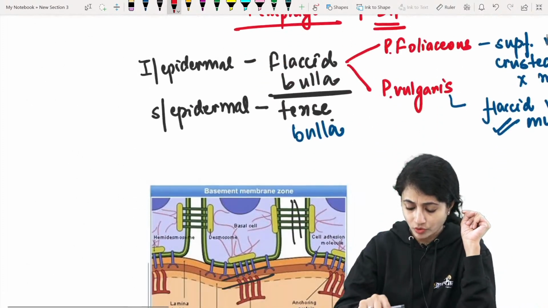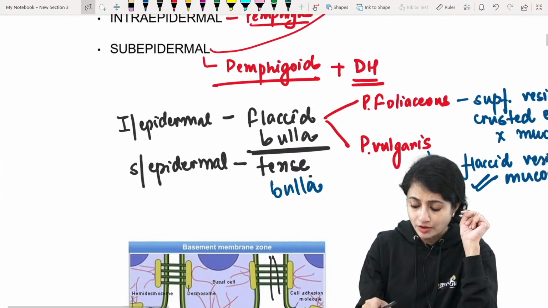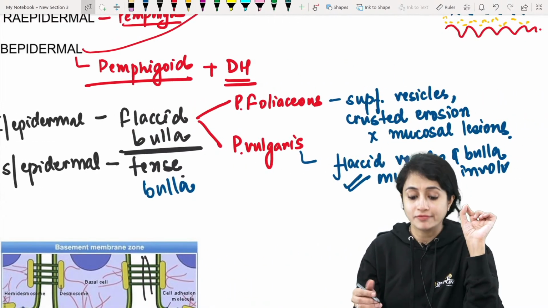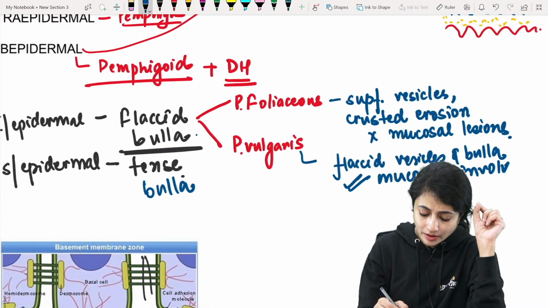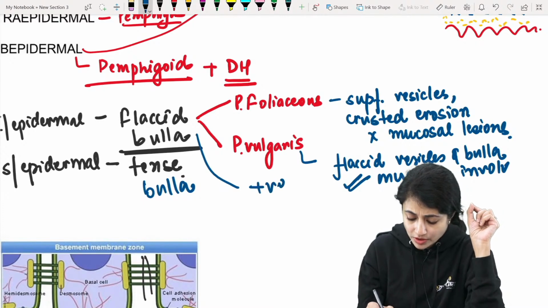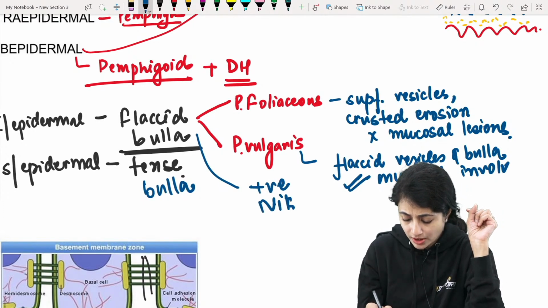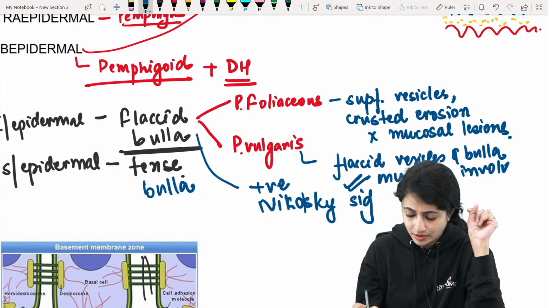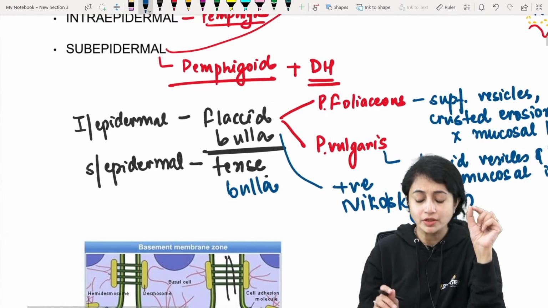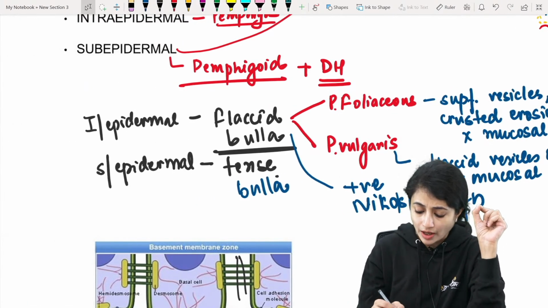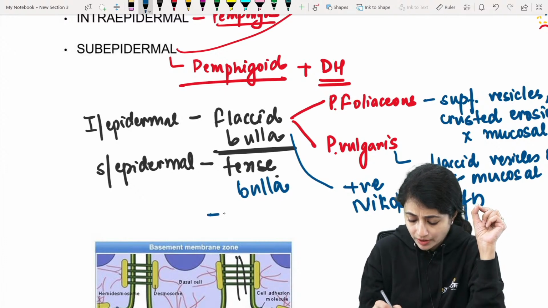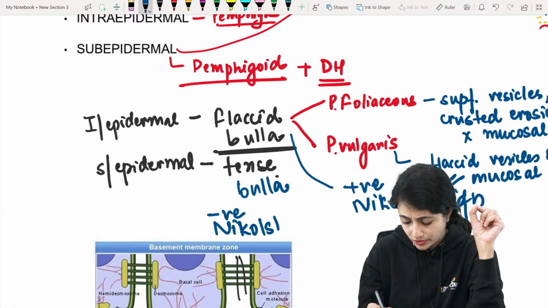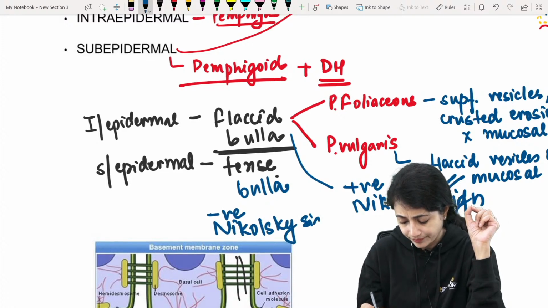So coming back to our differentiating features, intraepidermal disorders have flaccid bullae and they have a positive Nikolsky sign, whereas my subepidermal disorders have tense bullae and a negative Nikolsky sign.